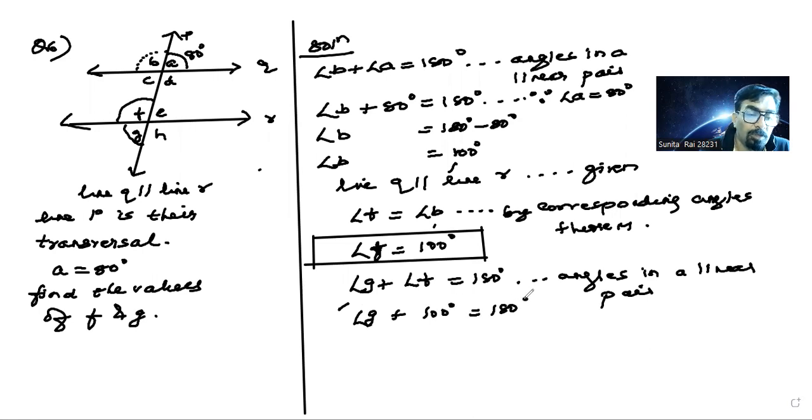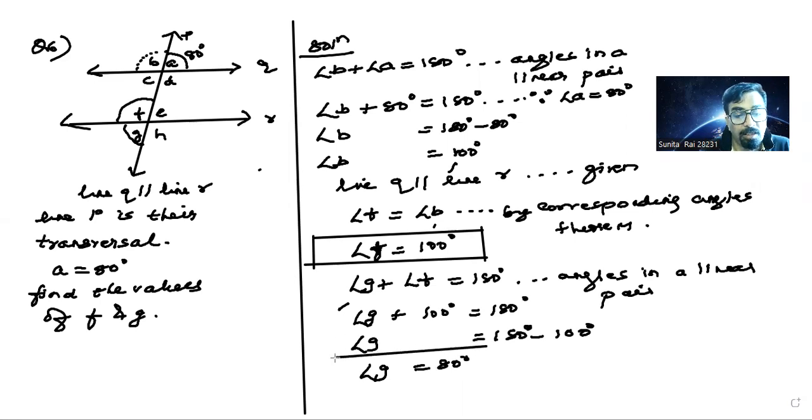So angle G equals 180 degrees minus 100 degrees. How much do you get, children? Angle G equals 80 degrees. So this is your second answer, children. Angle G equals 80 degrees.